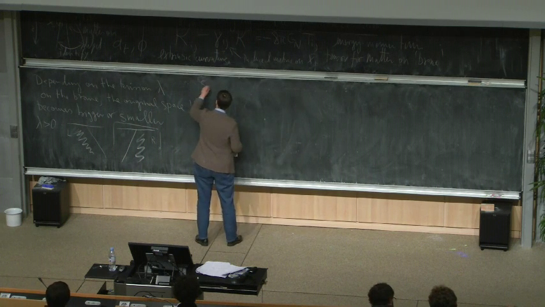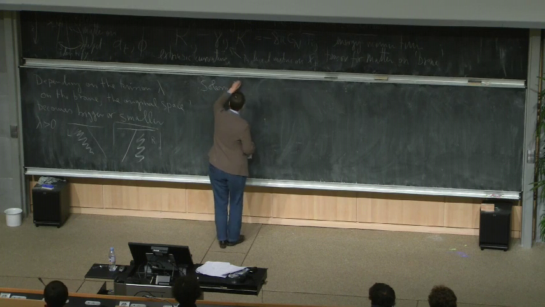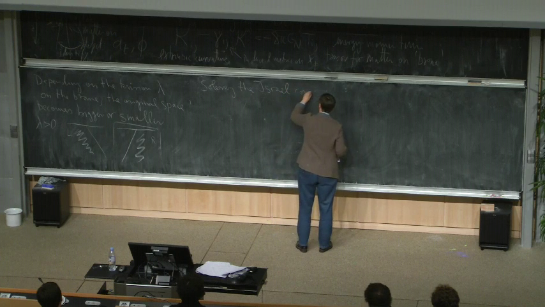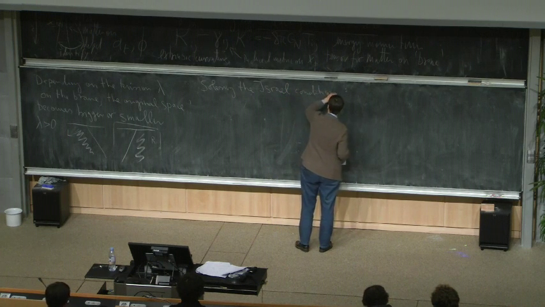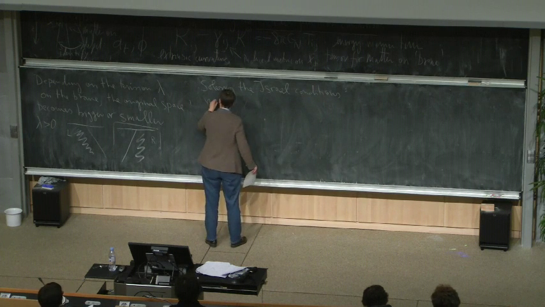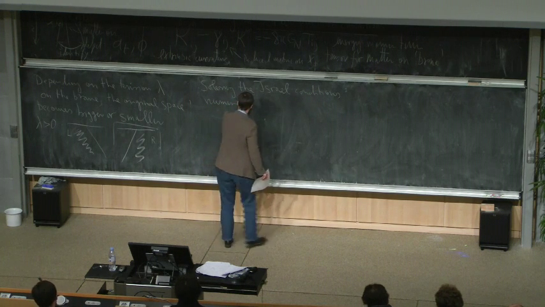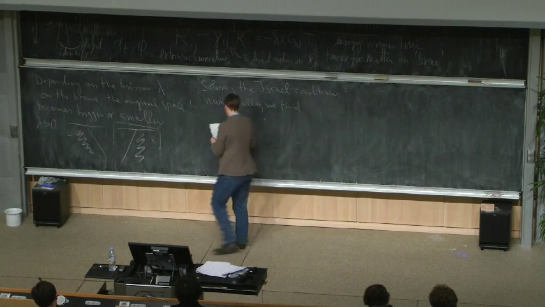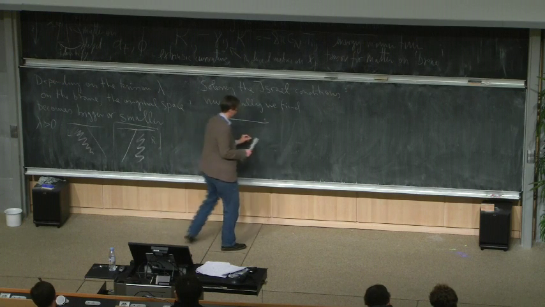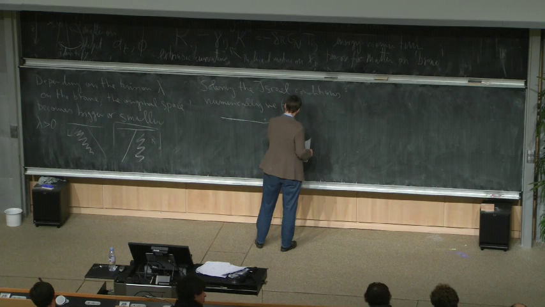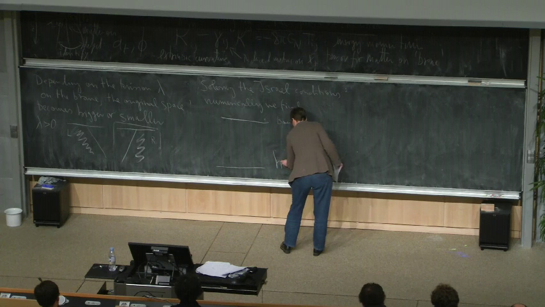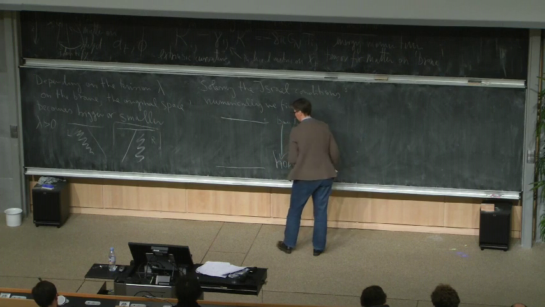So let me just draw this right-hand side for the theory which I've been discussing the last 2 days. We solve the Israel conditions numerically. We find the following. This is the boundary, and this is the horizon, and we take our radial coordinate to go in this direction.